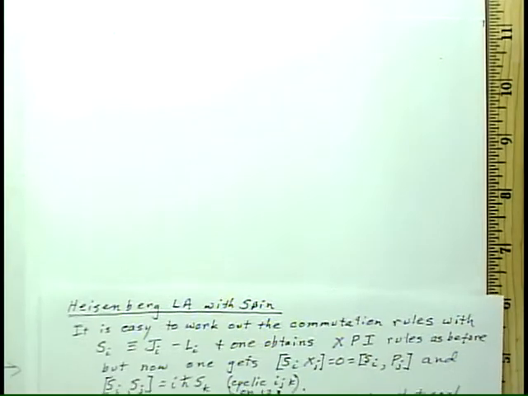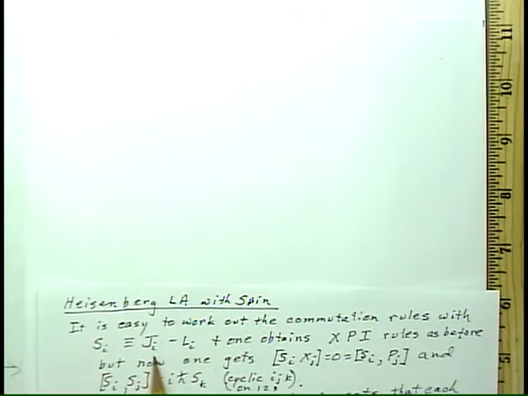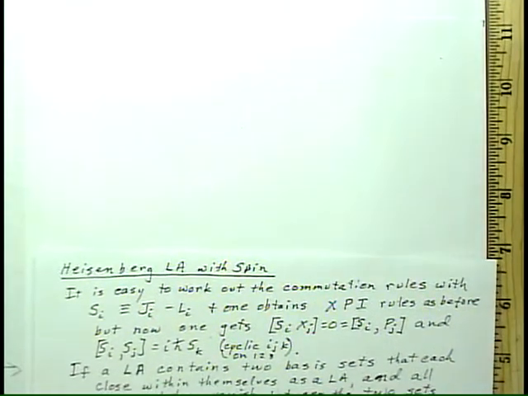It is now easy to show that we can form, as I mentioned last time, a new object, S_i, which is J_i minus L_i, where L is defined in terms of the orbital angular momentum. It's then easy to show that the commutators of S with X and S with P both vanish.